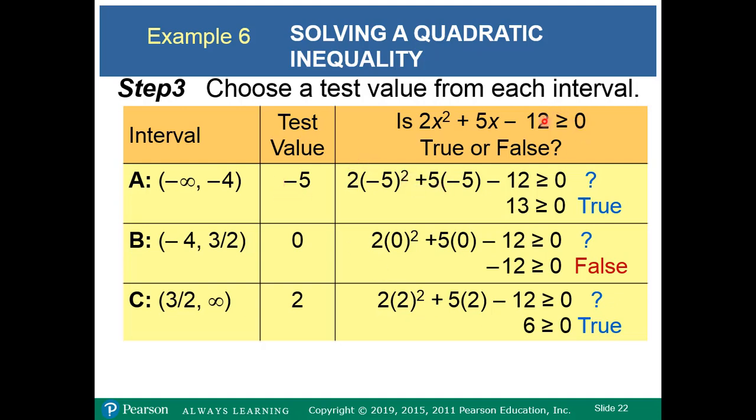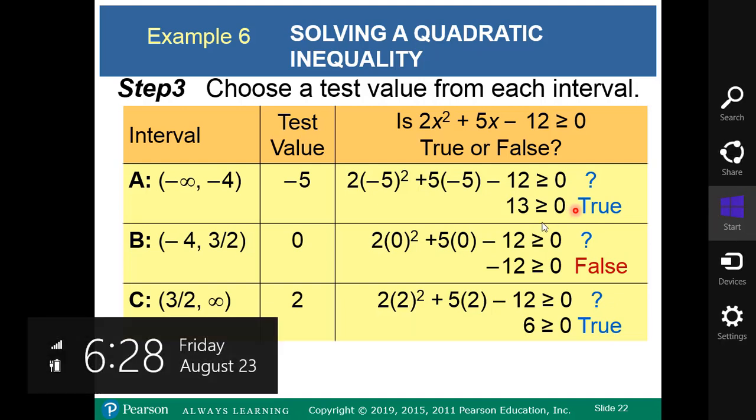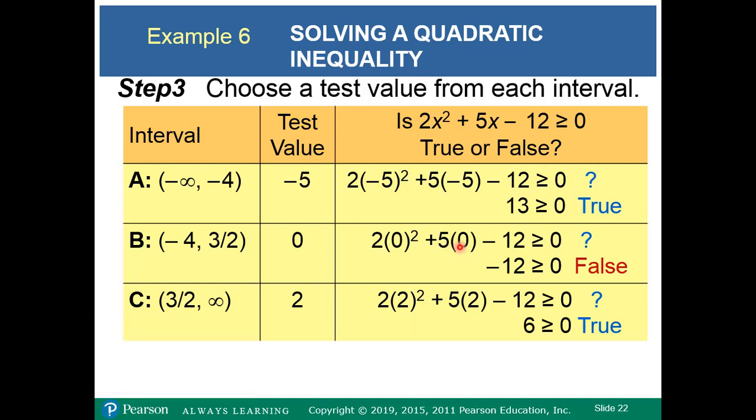We're looking for a value that is greater than or equal to 0, so positive. Over here, yes, it is greater than or equal to 0. Then we put in 0 for this interval, and no, it's not greater than or equal to 0, so that's false. Then we put in 2 and get 6, which is greater than or equal to 0, another true statement.